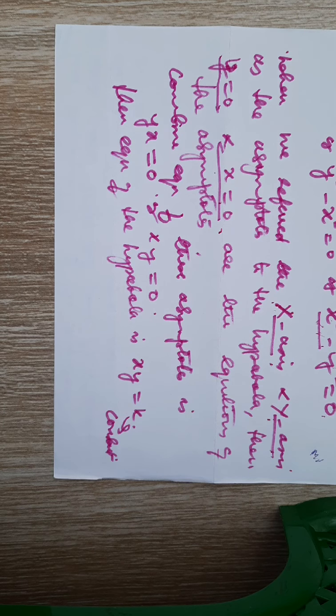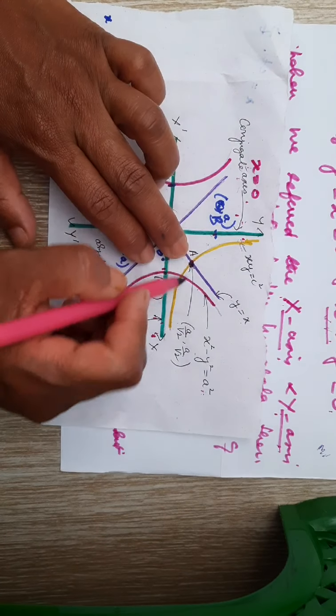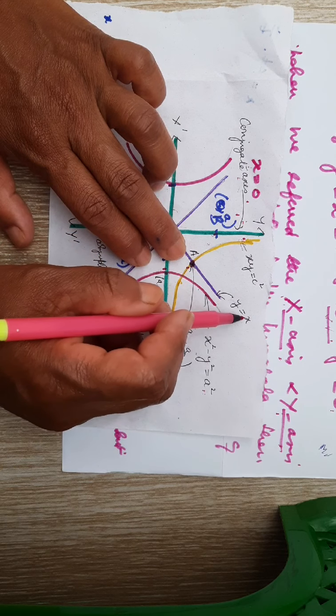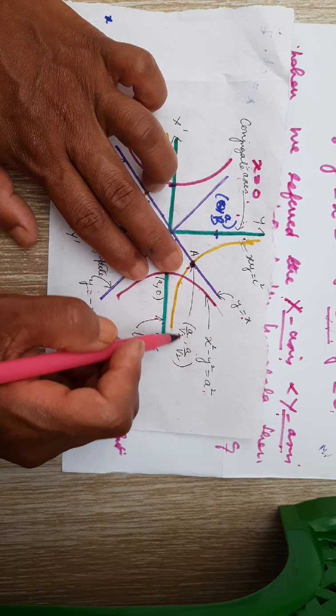Now let us find out the value of this k. From this figure, the point of intersection of this hyperbola with the asymptote y is equal to x is a by root 2, a by root 2.